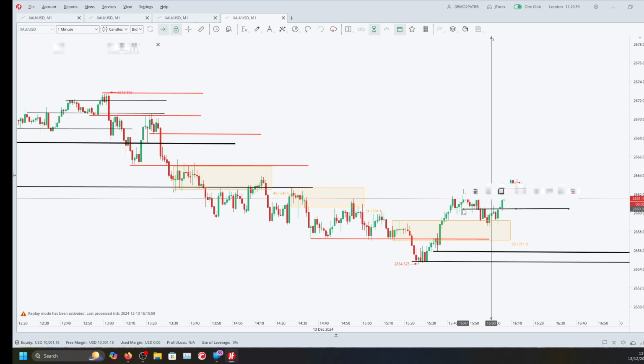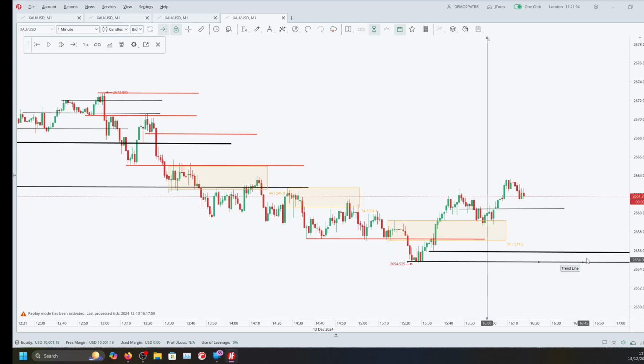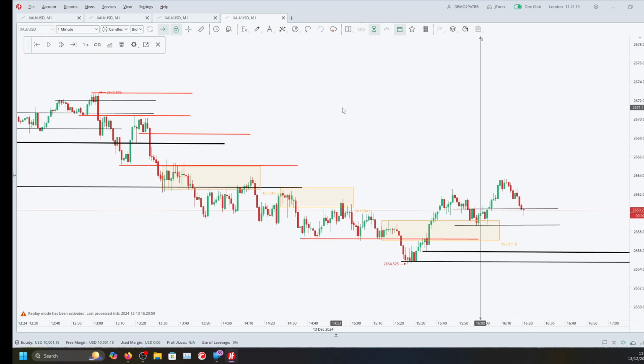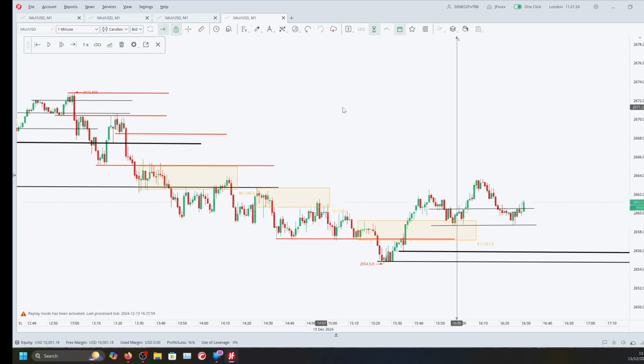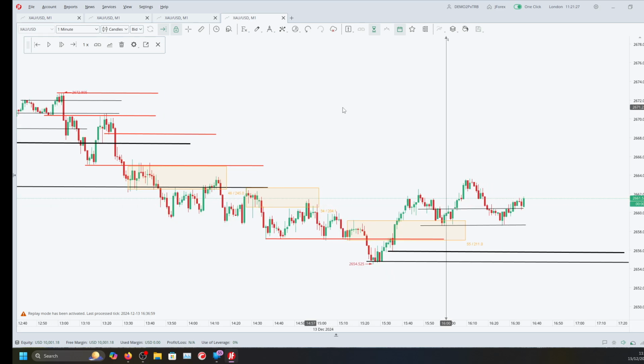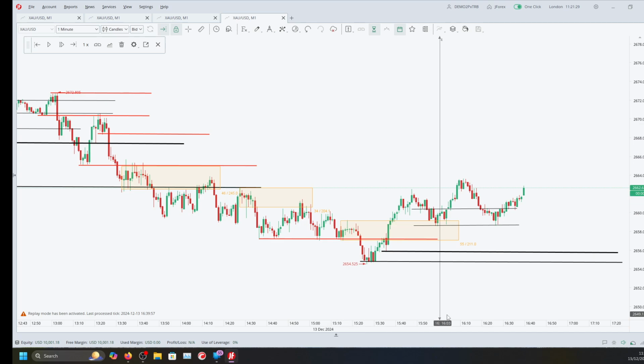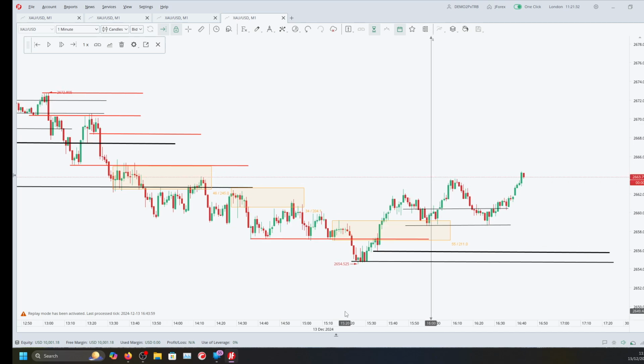So now I'd be anticipating price, if price is going to continue going up, I wouldn't want to see this zone being violated to the downside. See, I've gone long at this point.